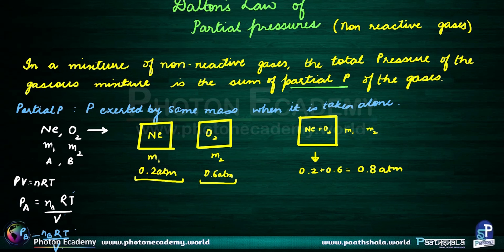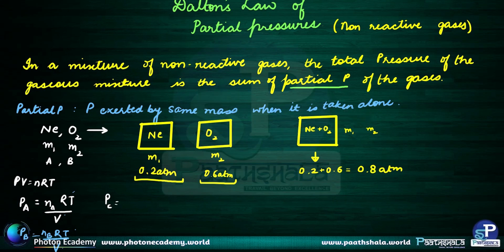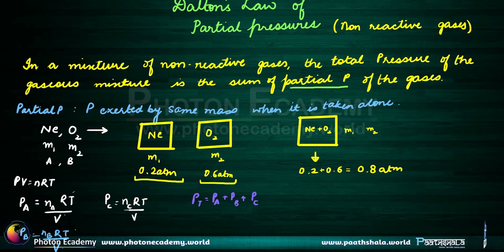Let's take another gas C, and the pressure for C will be number of moles of C times R times T divided by V. That is, we have a ternary mixture here. Now, when we mix all three of these, according to the law, the total pressure should be the sum of these three pressures, keeping the temperature and volume the same as for the individual gases.